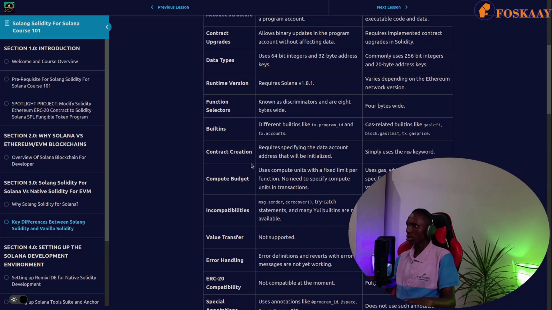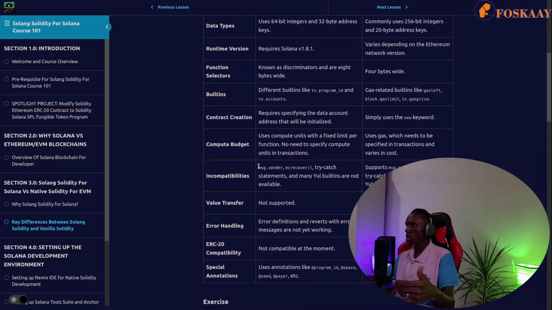Now, contract creation specifies the data account address that will be initialized, and this simply uses the new keyword. Then we have the compute budget. When you are dealing with Solang Solidity, you don't need to specify it, because Solana handles these things based on compute units, which are almost fixed.